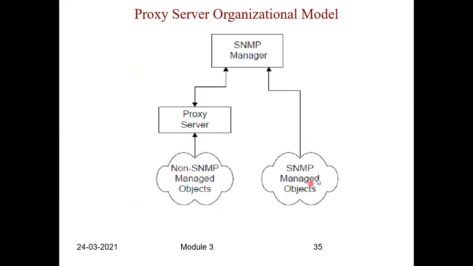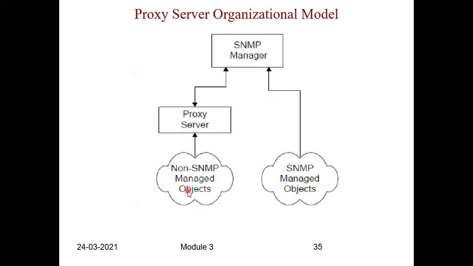So if in my network I have both SNMP and non-SNMP managed objects, what will the SNMP manager do? An SNMP managed object can directly send the data which the SNMP manager will understand, because the SNMP management process is present in both.